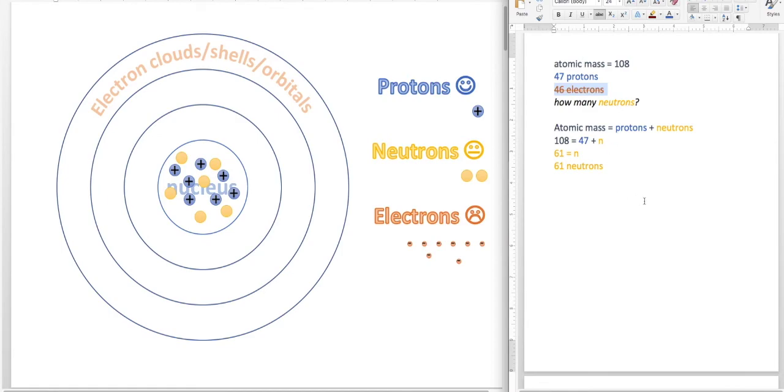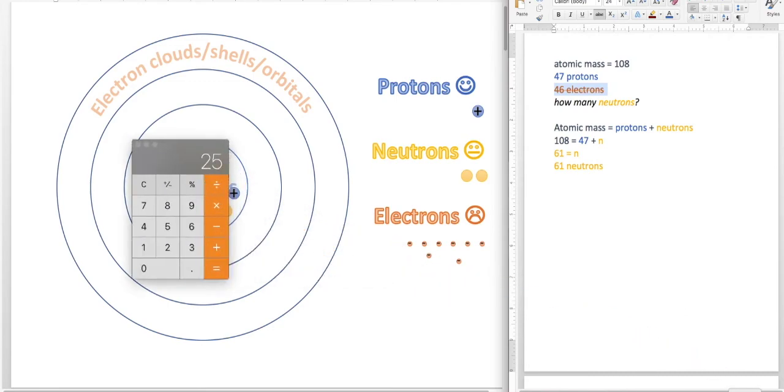Do not use that in your calculation anywhere if they're asking for atomic mass. Just grab your handy dandy calculator, plug it into your equation. The atomic mass, 108, equals 47 protons plus unknown number of neutrons. So 108, and then we're going to subtract 47 from both sides, and that gives us 61 neutrons.